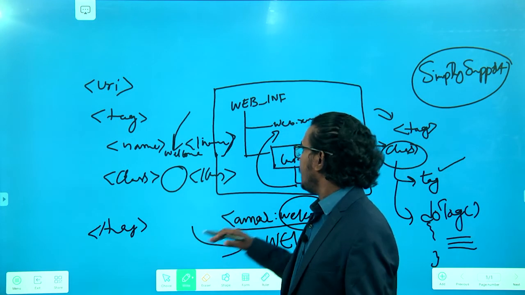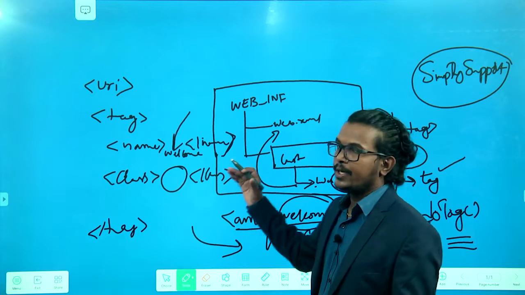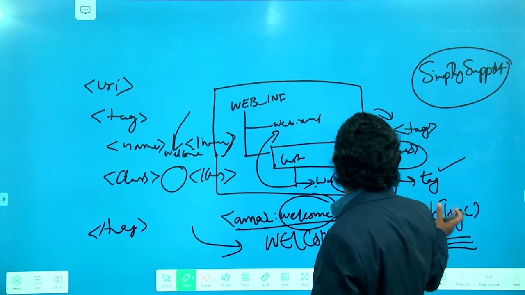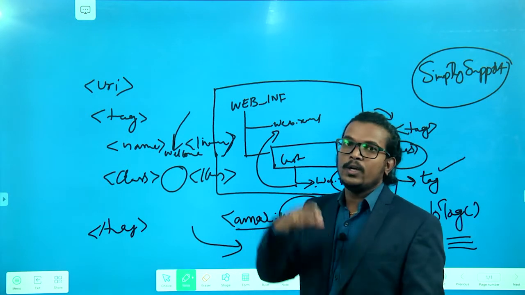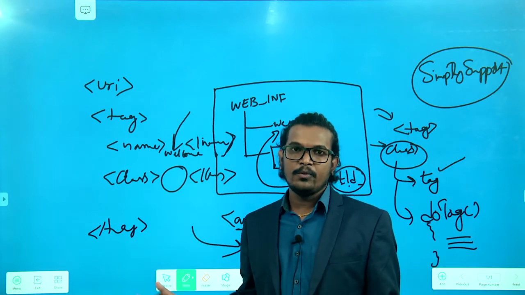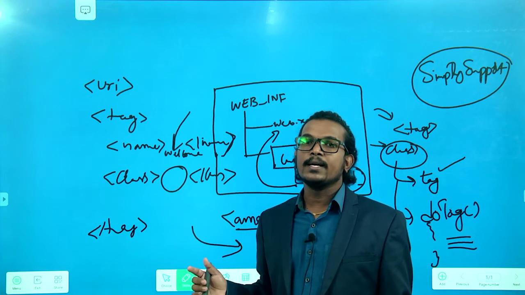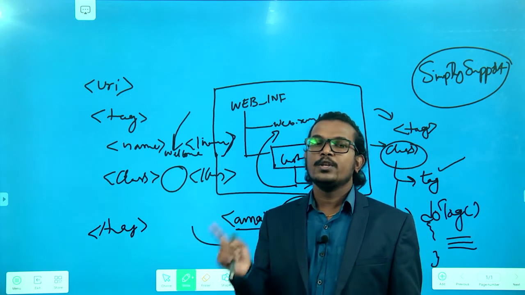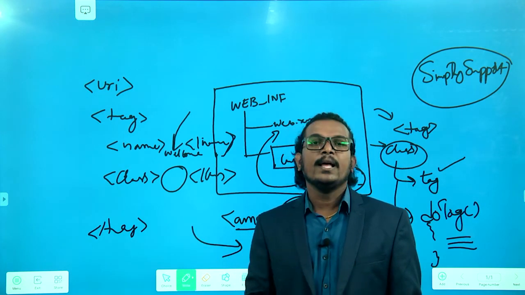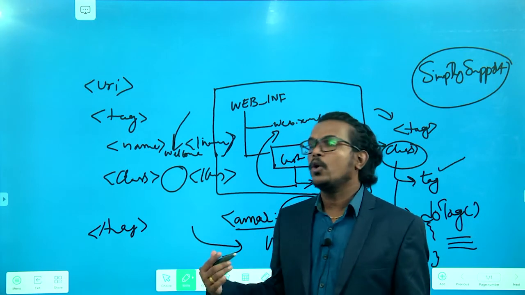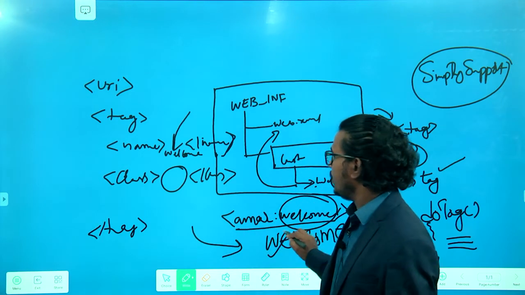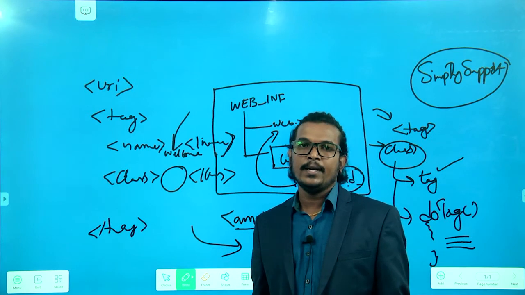Once the TLD construction and the Java file construction are over, only then you go to your JSP file and call your custom tag there. How to call your custom tag? Before your tag name, first you have to define the prefix. With the help of that prefix only you can access this custom tag in your JSP file.